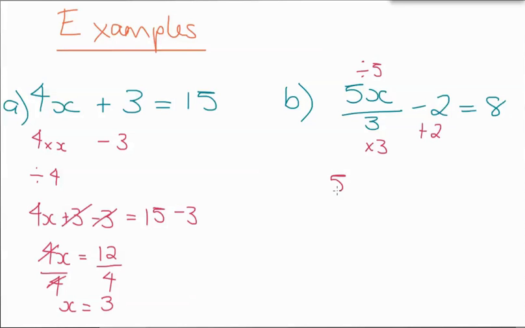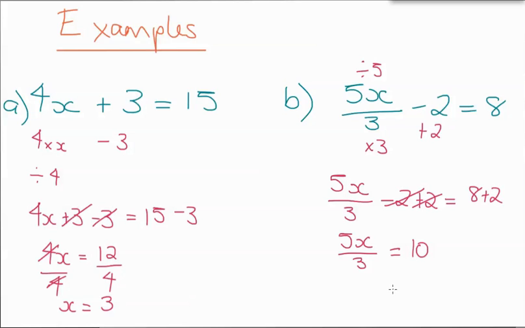So this is going to look like 5x divided by 3, take 2 plus 2 equals 8 plus 2. These cancel out, so we end up with 5x divided by 3 equals 10. Okay, so to get rid of this divide by 3, we need to be timesing by 3.